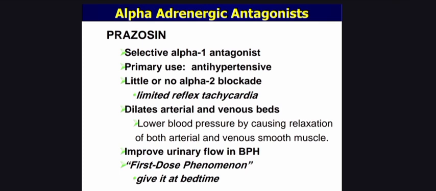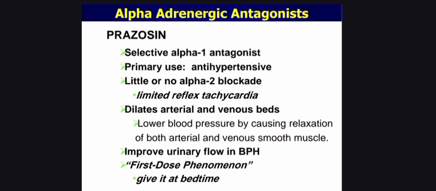We will see reflex tachycardia, but it's not enhanced by alpha-2 blockage. We still worry about tachycardia to some extent, but it's less than with non-selective drugs. It works by dilating arterial and venous vessels, which leads to a lowering of the blood pressure by causing relaxation of both the arterial and venous smooth muscles.